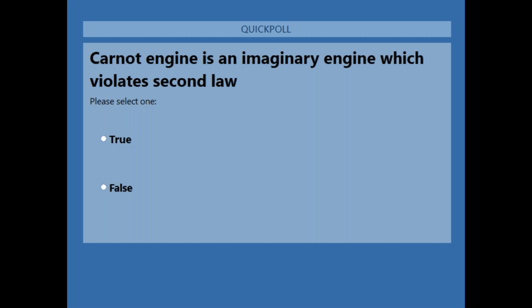So the question is about Carnot engine, and it is asking whether it violates the second law or not. Okay. So 40% of the students are confused.